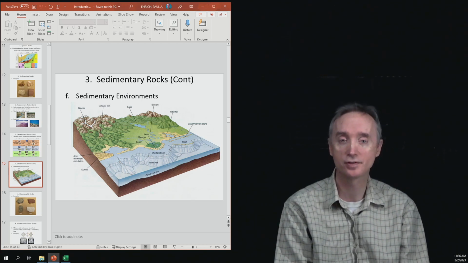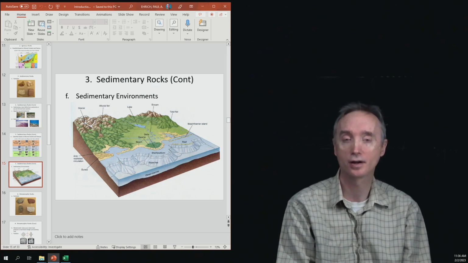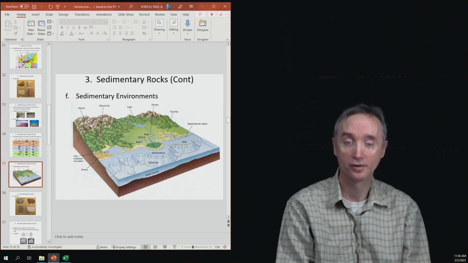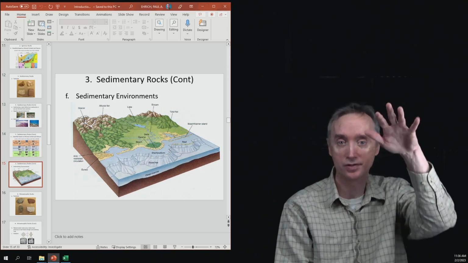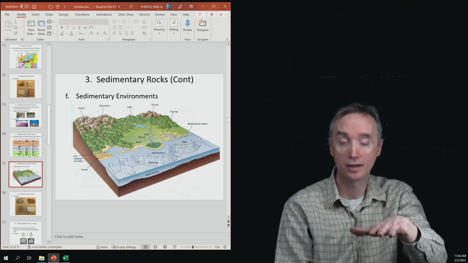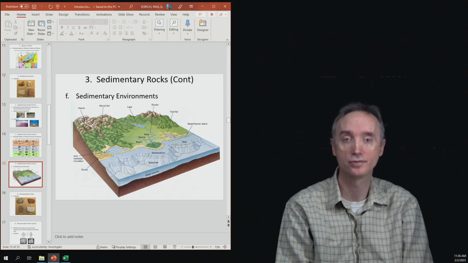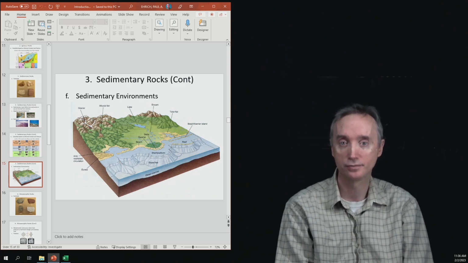So on the surface of the earth, rocks are constantly being weathered and turned into little pieces, parts. They're then transported normally by water, like in a river, and they normally end up in a large body of water, like a lake or an ocean, where they can settle down, and then they can be glued together to make those sedimentary rocks.